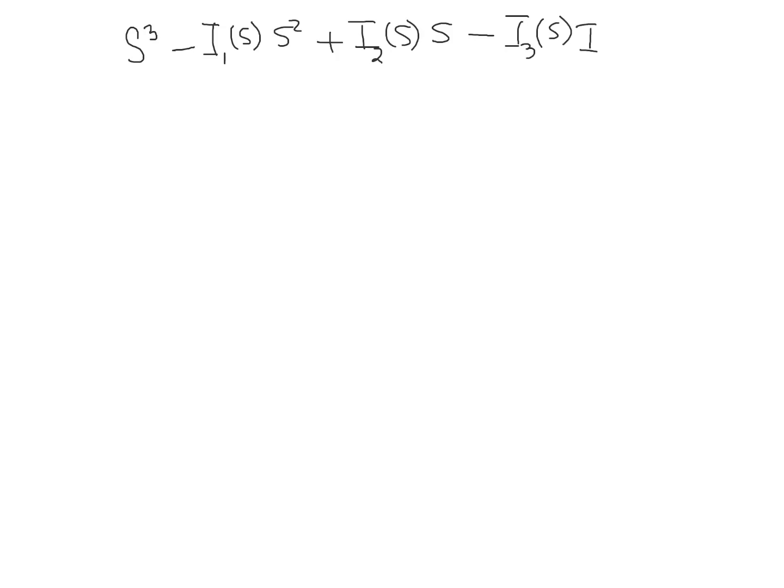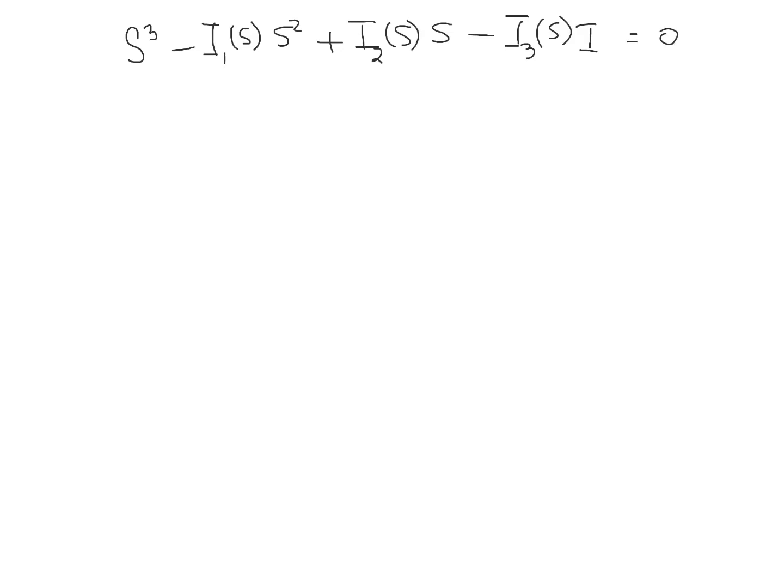And of course, our Cayley-Hamilton theorem, if the tensor we are looking at is S, says S cubed minus the first invariant of S times S squared plus the second invariant of S times S minus the third invariant of S composed with the identity tensor is equal to 0.